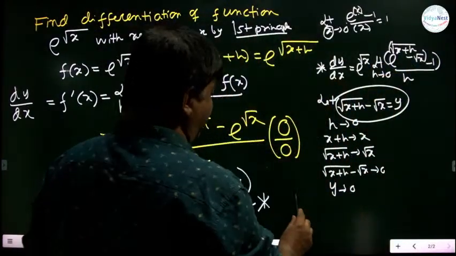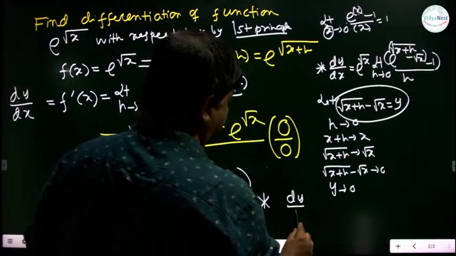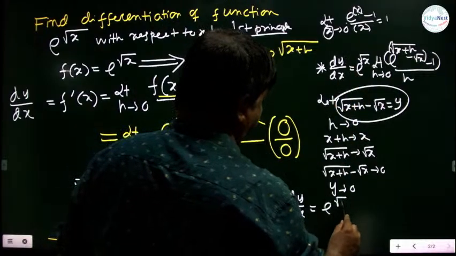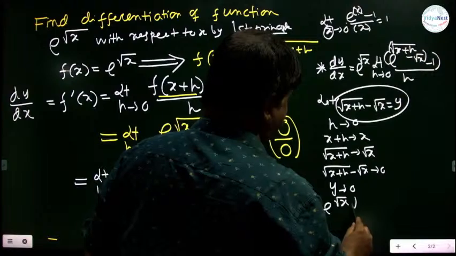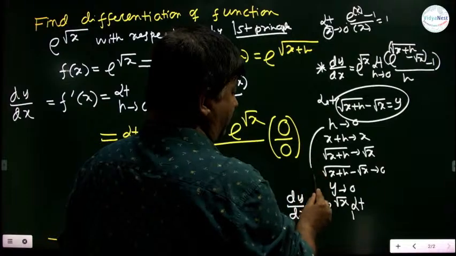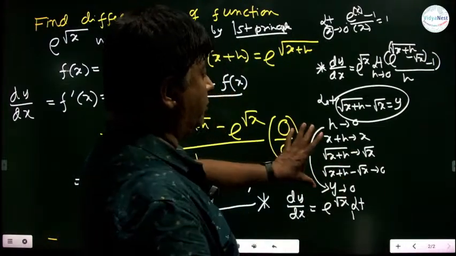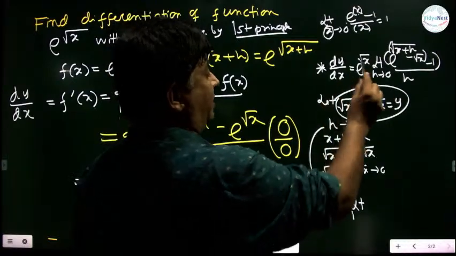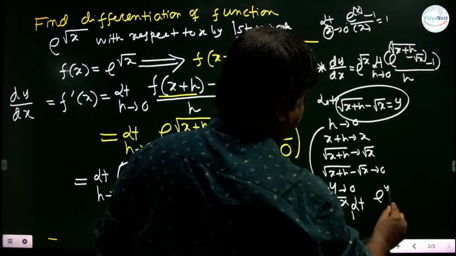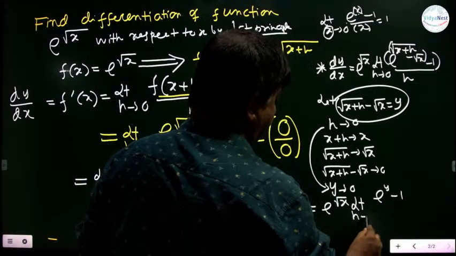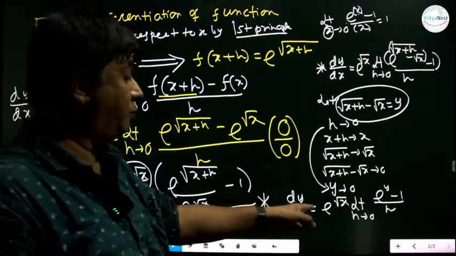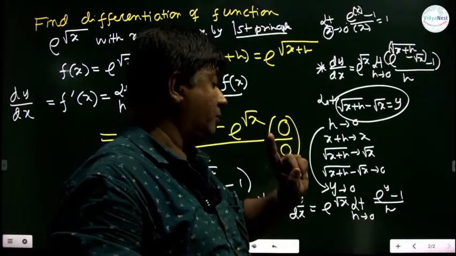So this will be turned into e to the power root x, limit. H tends to 0 is same as y tends to 0, we have already shown. So once this thing is replaced by y, then I have to change the variable which tends to 0.